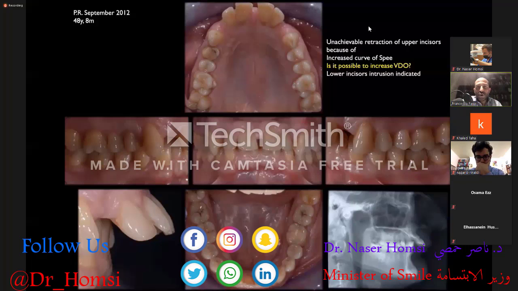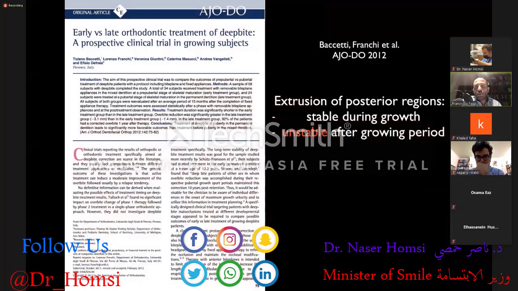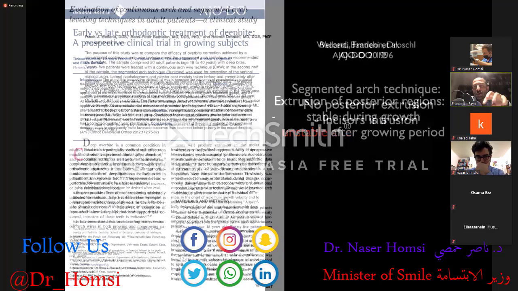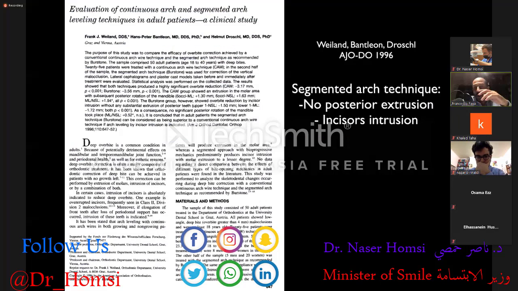We know from the literature that extrusion of posterior regions is for sure stable during growth, but unfortunately it's unstable after the growing period. And we know from the literature that the segmentary technique allows us to intrude lower and upper incisors with no or insignificant posterior extrusion.